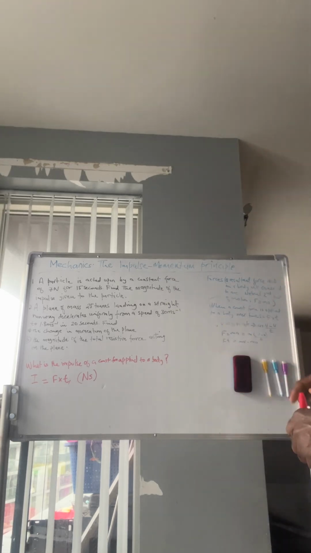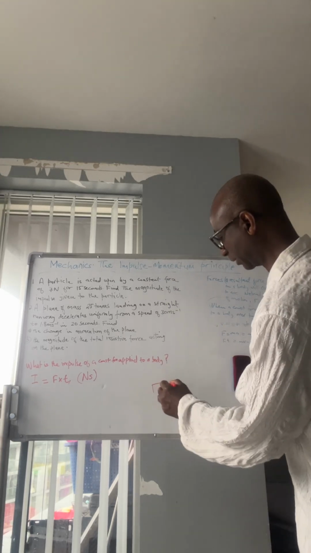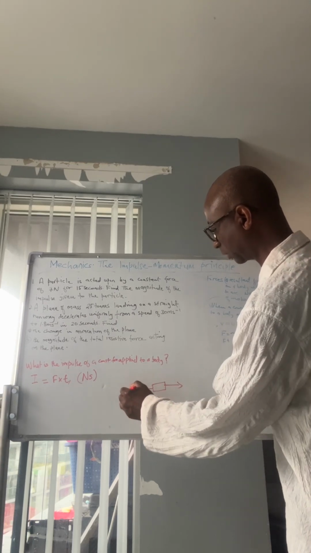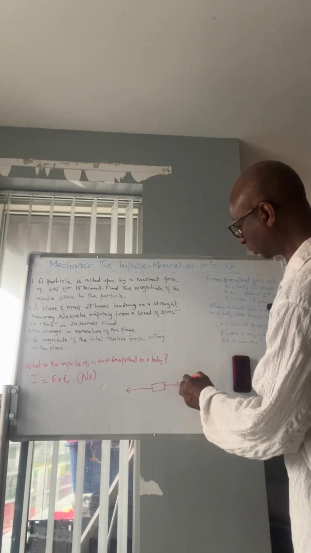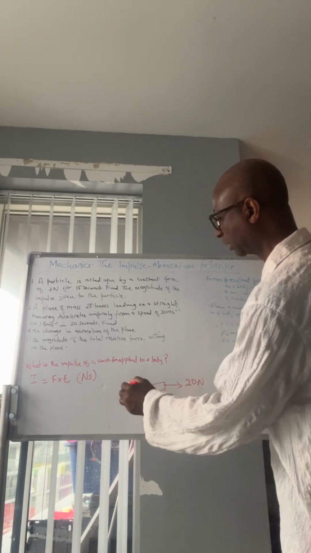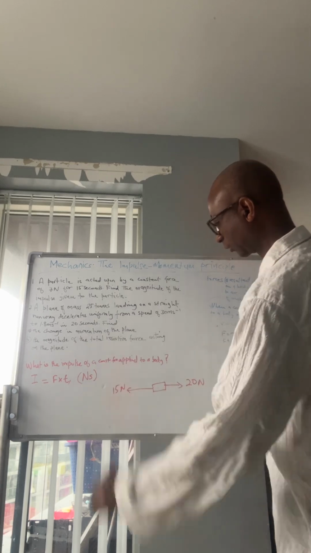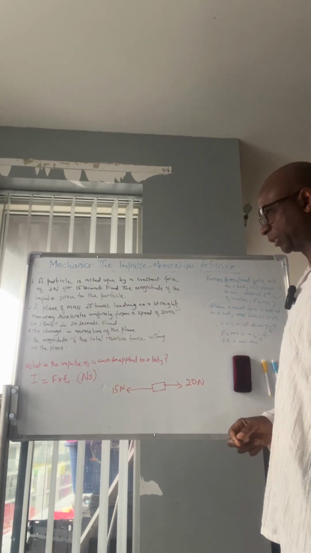For example, if you have a body like this and you have a force going in that direction, and another force going in this direction, you have 20 newtons here and 15 newtons here. So you have two forces acting in opposite directions.